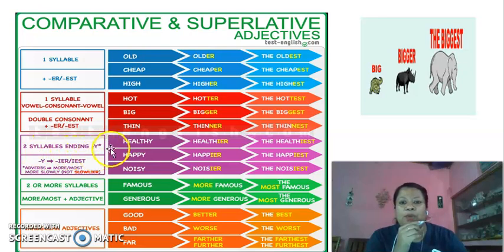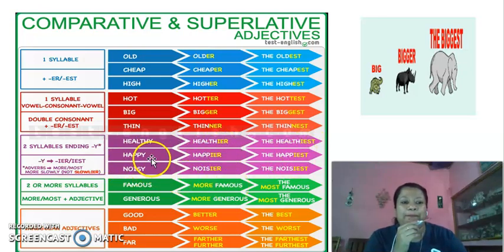Now for example, the word healthy, we say healthy, but I can break it into two words and say health-y. That means it has two syllables, and if you notice, it is ending with Y. Okay, so whenever any word ends with Y, you need to remove the Y and put I. Okay, remove the Y and put I, and then just add ER and EST.